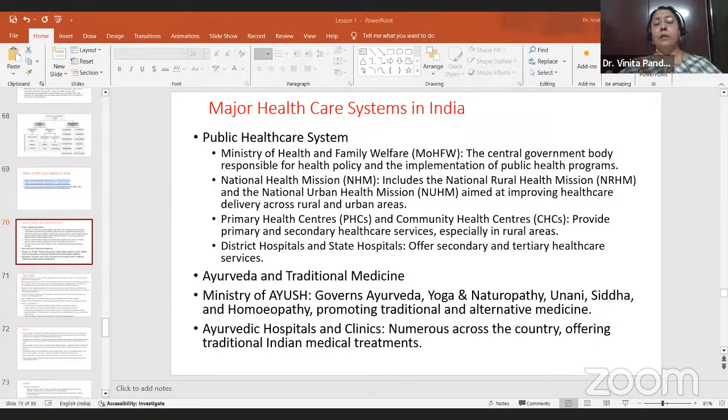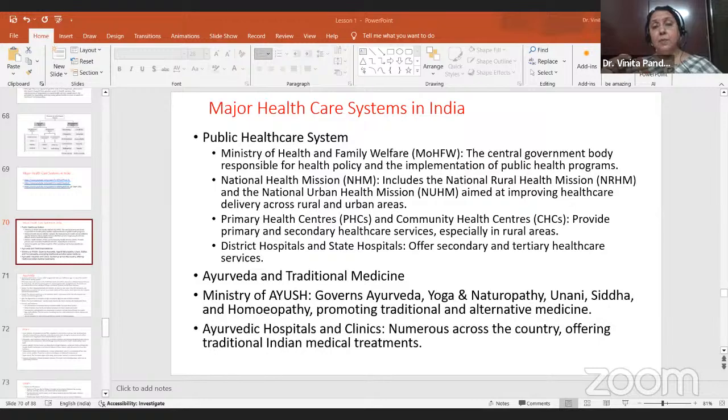And very important is that the private sector encourages the presence of many private hospitals. So today, like in that video, we were talking about Ayushman Bharat. Similarly, our Telangana state has Arogyashri. Other states also have similar health policies.